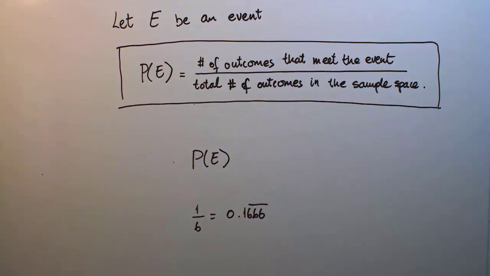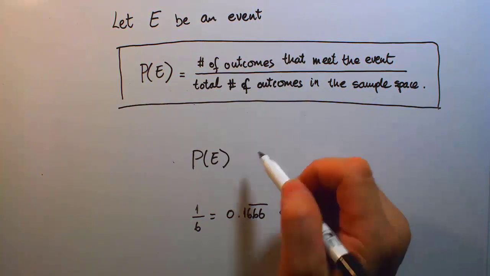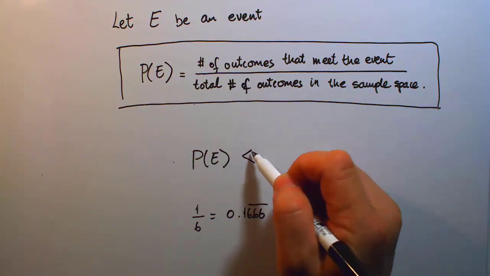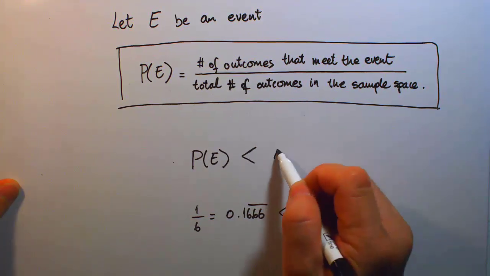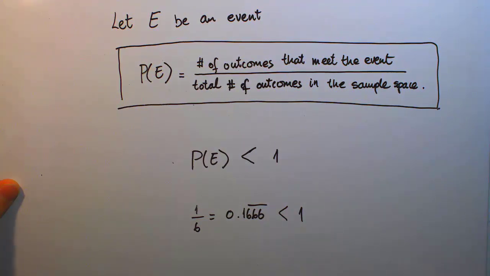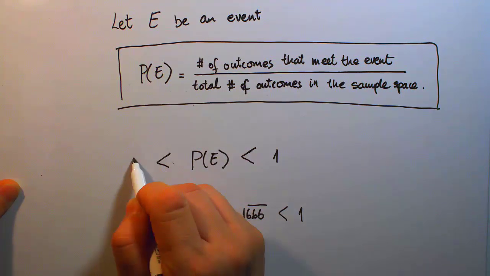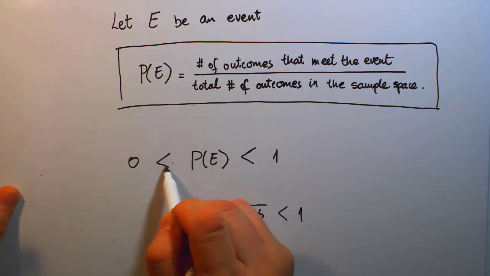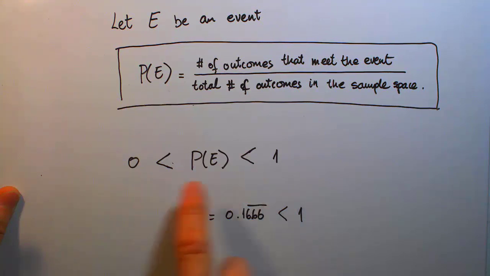But in the end, my point is it should be less than 1. And yes, it would be the same for any other problem. Anytime we're doing probability, the answer would be less than 1. And of course, we will never have negative probability. So it makes sense to put another low end on my interval values for probability. So probability only happens anywhere between 0 and 1.